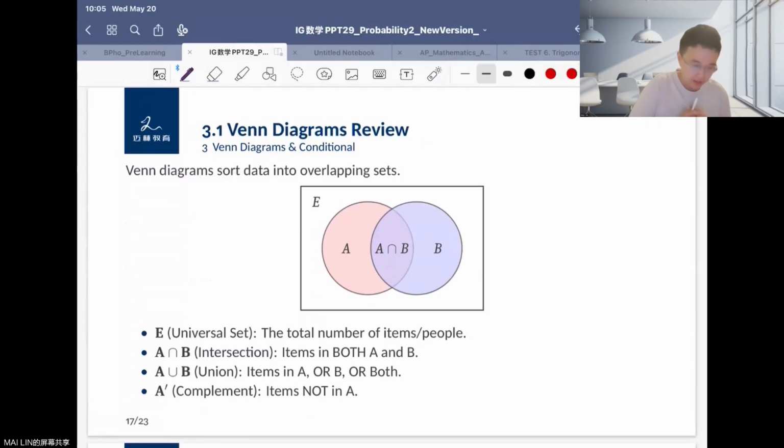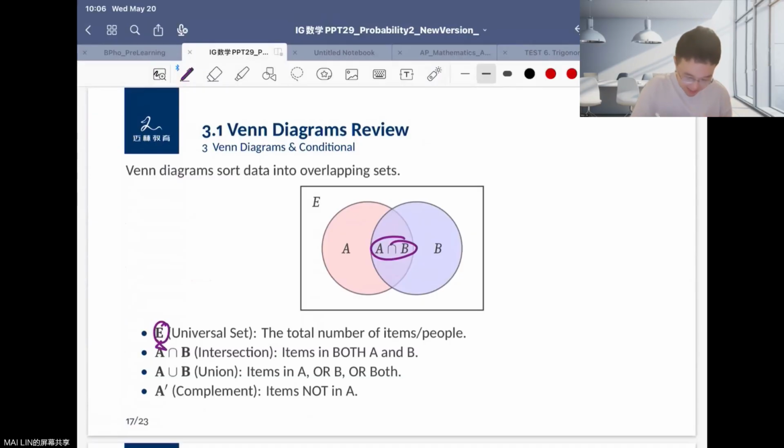We consider the first circle as event A and the blue circle as event B. Here A or B means the events obey two situations. The symbol E means the universal set, the total number of items.